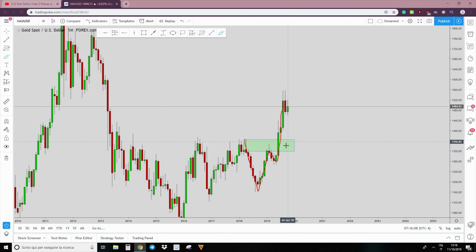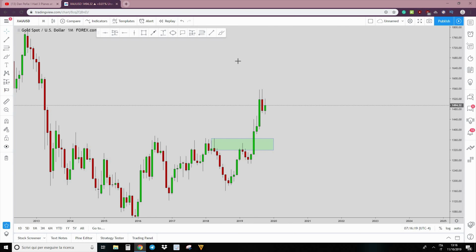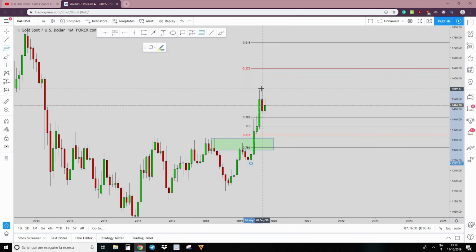However, the market continued to the upside, creating an overextended W. And as I have just explained, when you have an overextended W, what you expect is the market to hit the 38.2 of the Fibonacci taken on the previous leg, in this case from this low to this high, as I have just showed you on the simplified example.